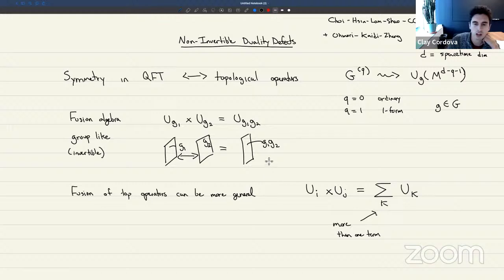That should already be contrasted with this simple fusion algebra up here, where the fusion of g1 and g2 gave us a unique composite object, g1 g2. And the second thing that can happen, which we'll also see an example of today, is we could have defects of different dimensions here.